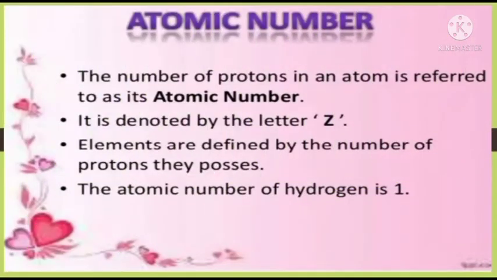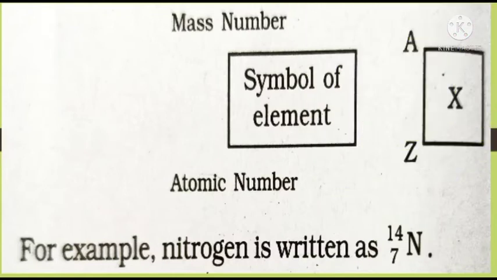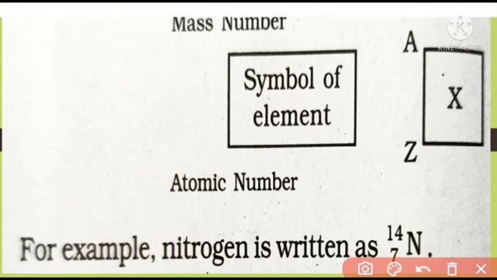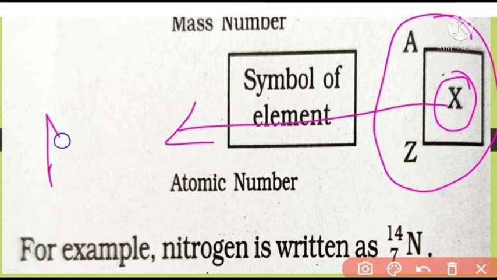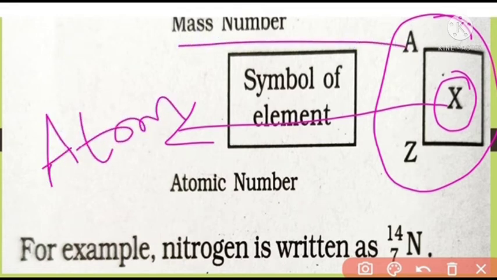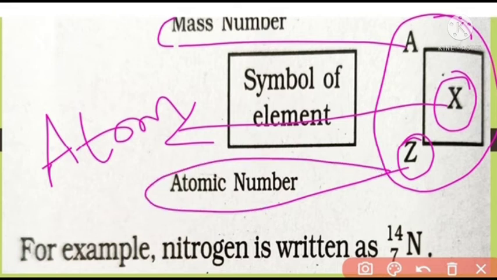Next we are discussing the simple representation of the symbol of elements. This was already discussed in the previous video. An element is represented by the common symbol ᴬXz, where X means the atom, A means the mass number or atomic mass number, and Z means the atomic number.